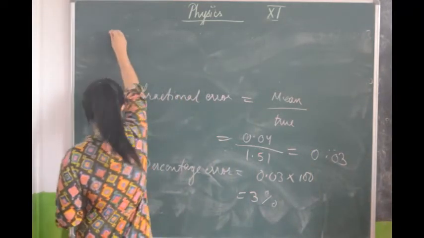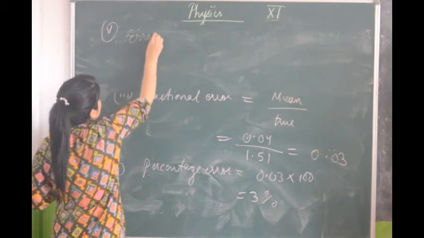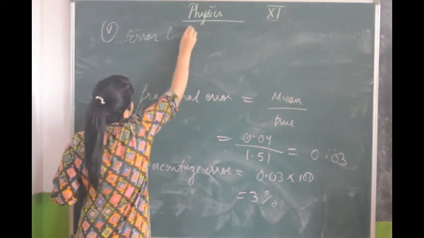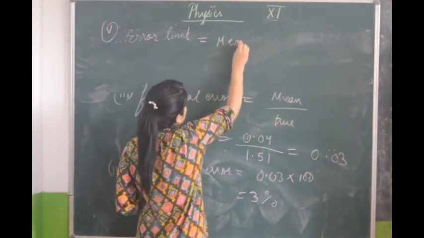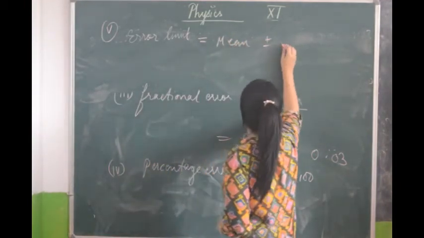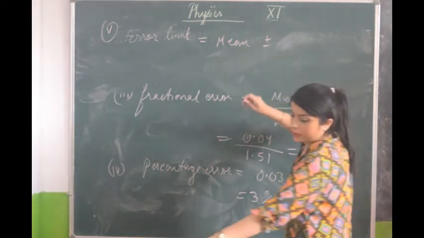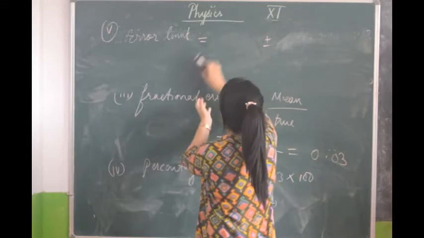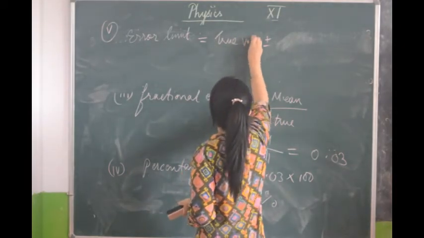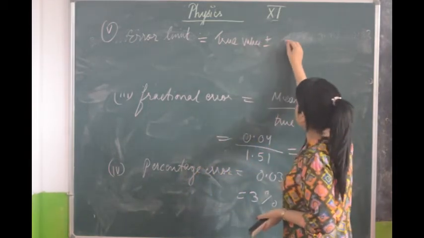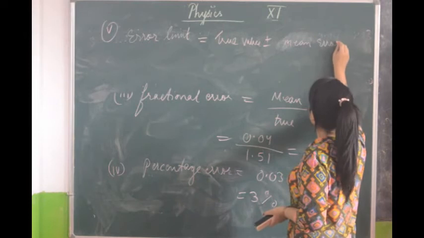So your fifth is the error limit, which is true value plus minus mean error, or mean absolute error.